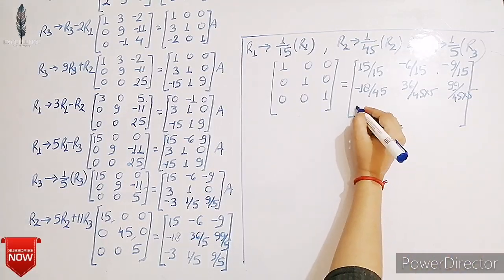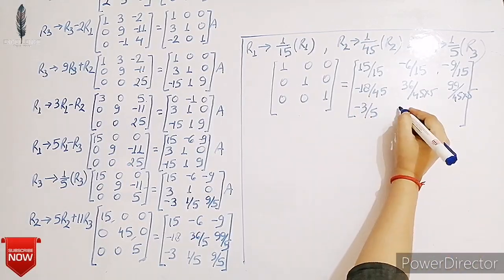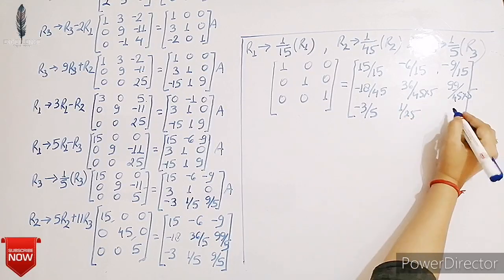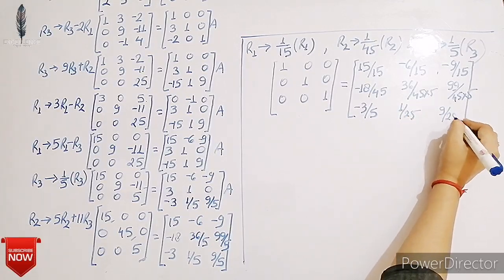And the last, third row becomes minus 3 upon 5, 1 upon 25 and 9 upon 25.